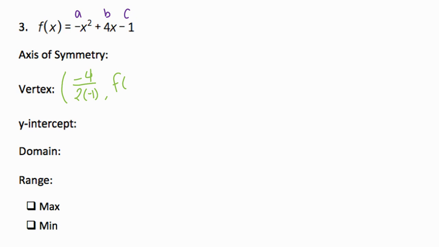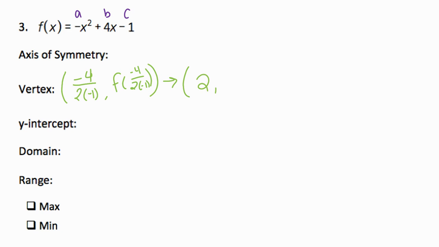Then we're going to evaluate, or plug in, that number to our equation to get our y. So negative 4 divided by 2 times negative 1, which is negative 2. So that is positive 2.